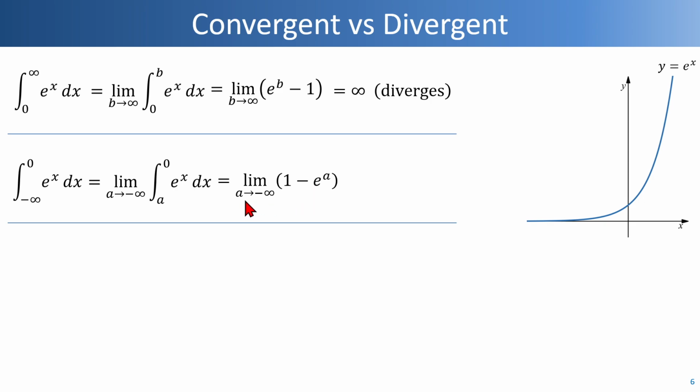We need to take the limit as a goes to negative infinity of this expression. The limit of a constant just equals that constant, so we'll get 1 from that term. But we also need to think about the limit of e to the power a as a goes to negative infinity.